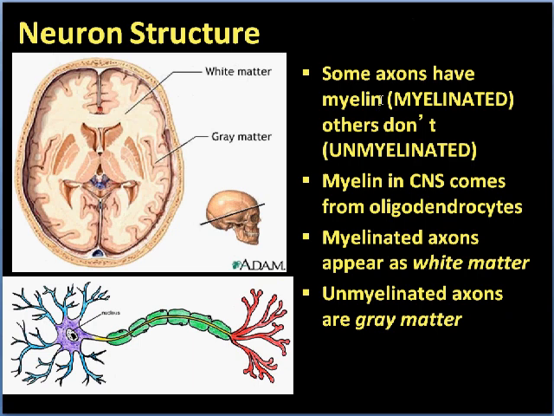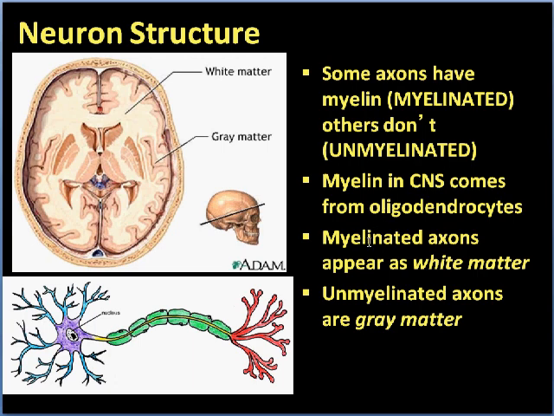And so some axons, different nerves, are myelinated and some are unmyelinated. The myelination in the central nervous system comes from the oligodendrocytes, which we talked about a long time ago, in the basically first round of the notes, when we talked about the brain parts, because these are located in the central nervous system, like the brain.